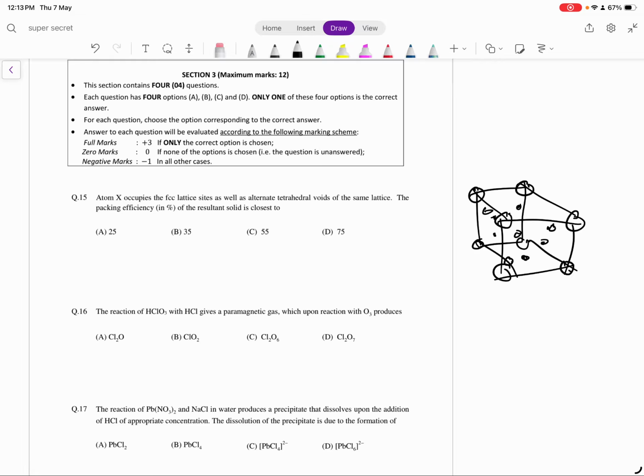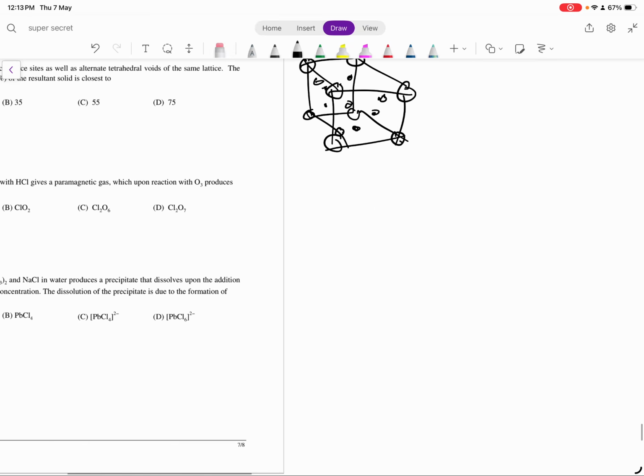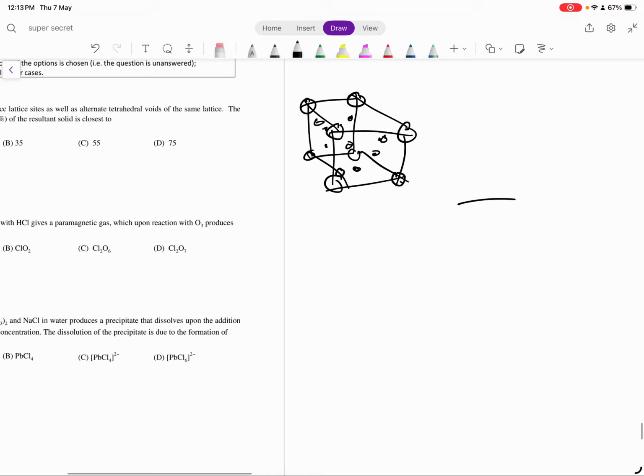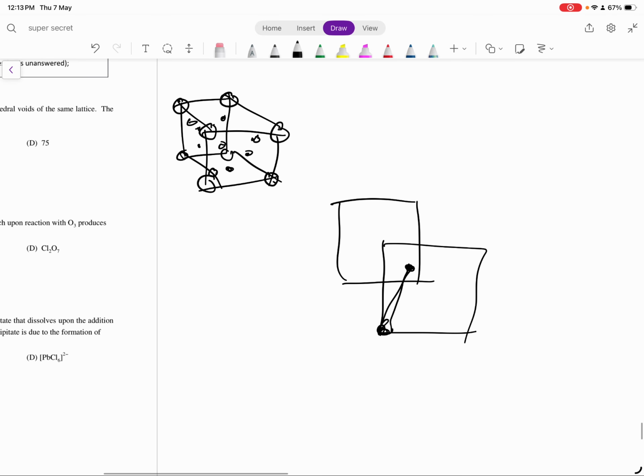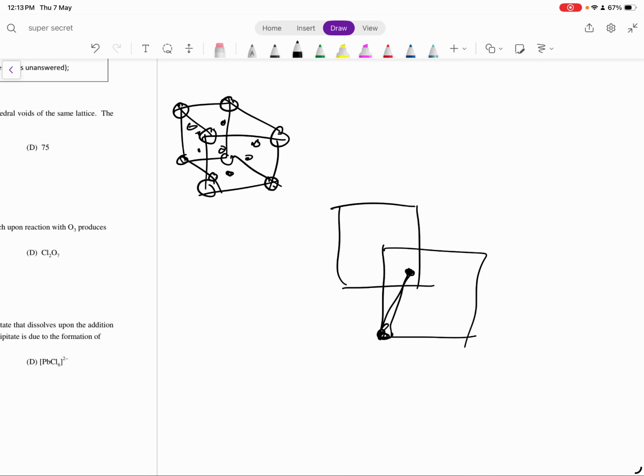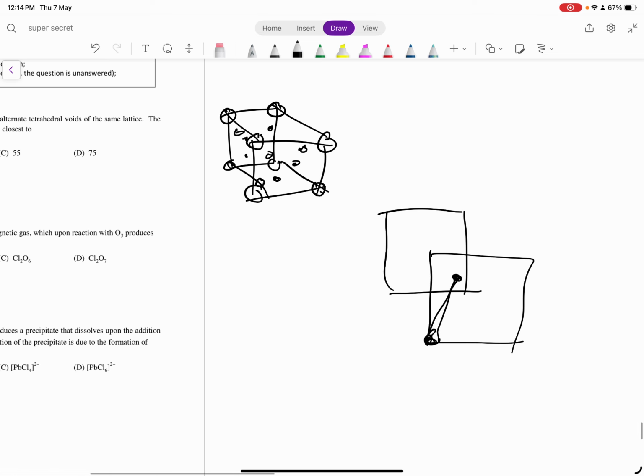So, if they occupy alternate tetrahedral voids, that would mean that in the cube, the distance from the center of the cube to one corner of the cube is... wait, no, never mind, that's not how it works. We need to find a better relation.